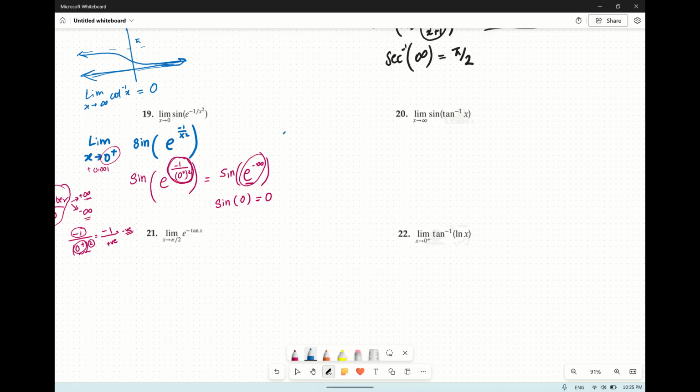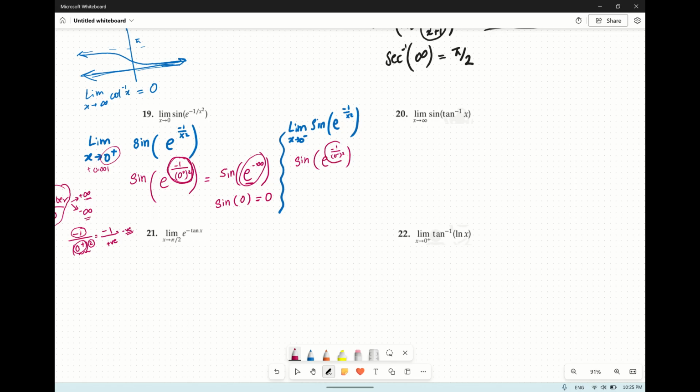Now again, I will repeat the same thing, but now I need the limit as x approaches 0 from the left for sine of e power negative 1 over x squared. Same as I did, I am going to substitute 0 from the left in place of x.